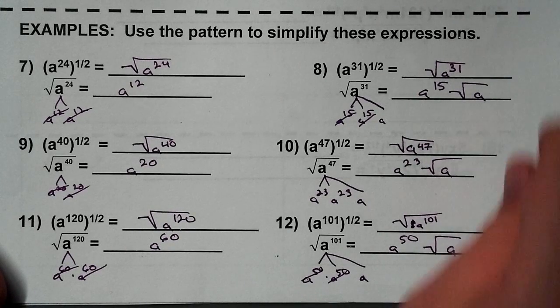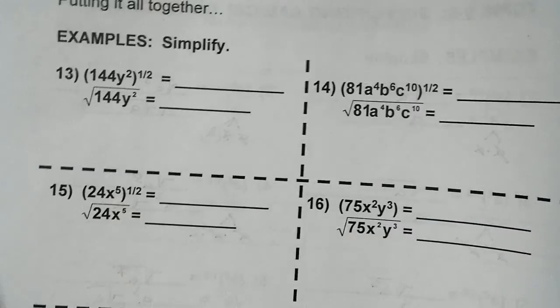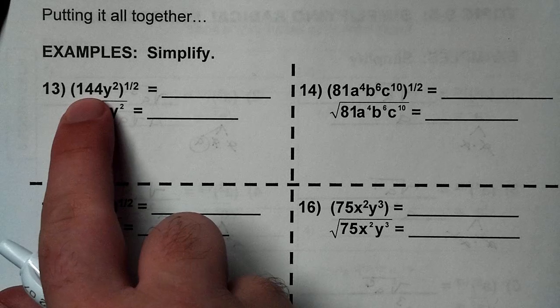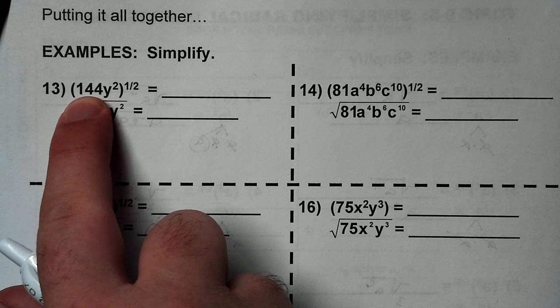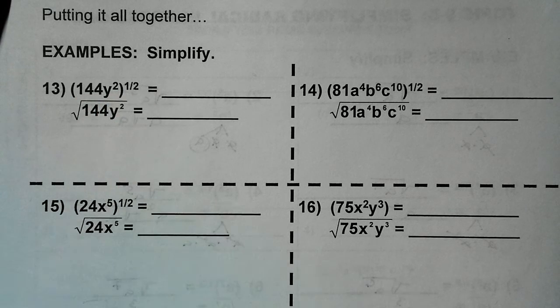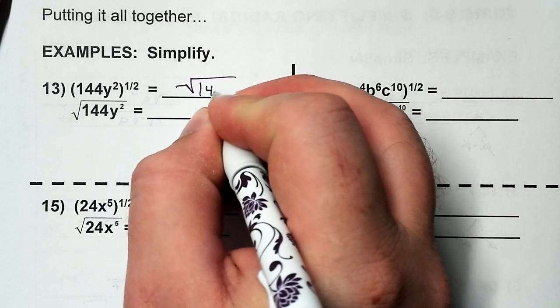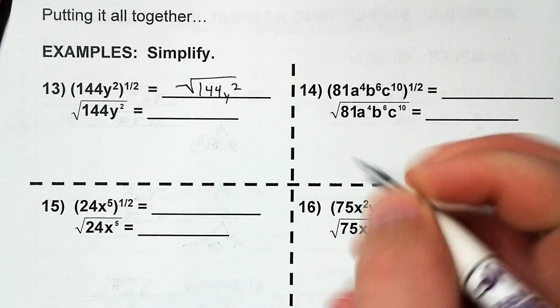On the back. Now, let's put it all together, and this time we're going to have coefficients and letters. So, let's do number 13. It says 144 y squared raised to the 1/2, which would be the same as the square root of 144 y squared.